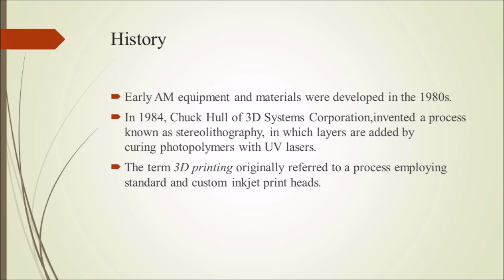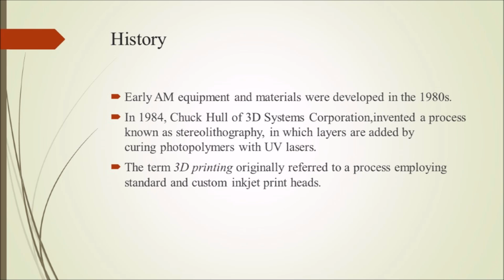Next, coming to the history of 3D printers, early 3D equipment and materials were developed in the 1980s. In 1984, the scientist Chuck Hall, from 3D Systems Corporation, invented a process named stereolithography, in which layers are added by photopolymers with UV lasers.